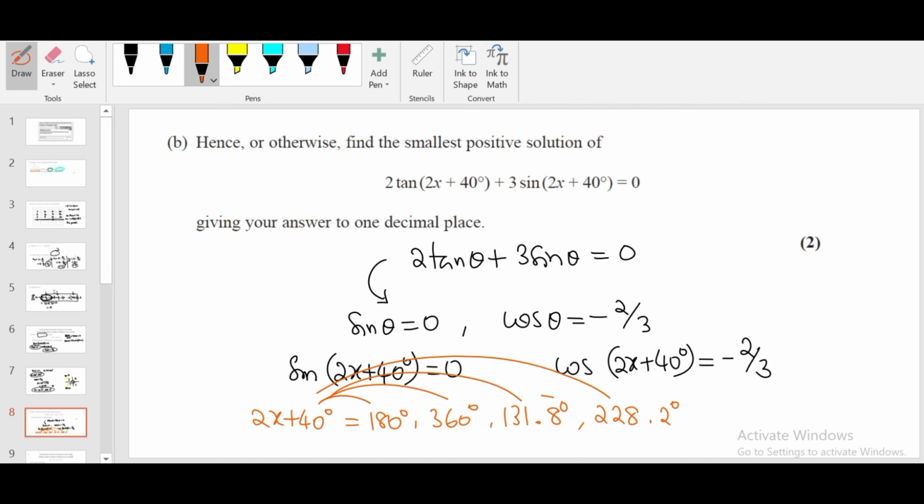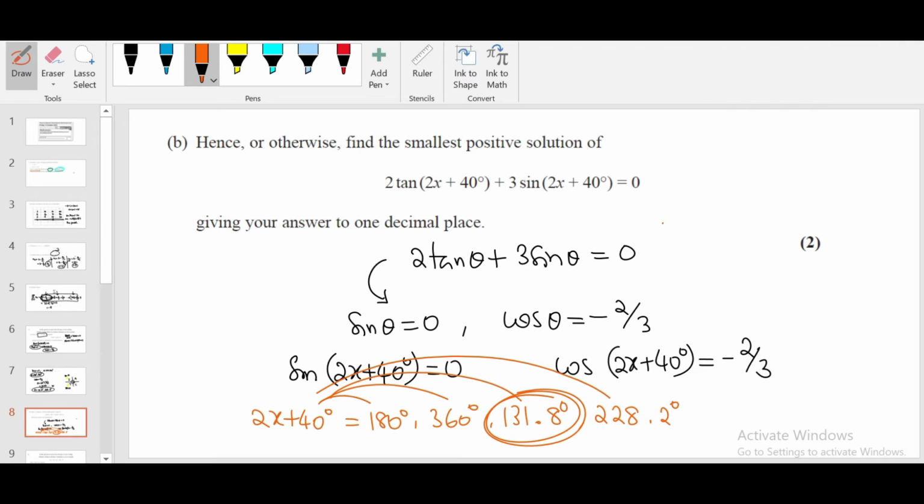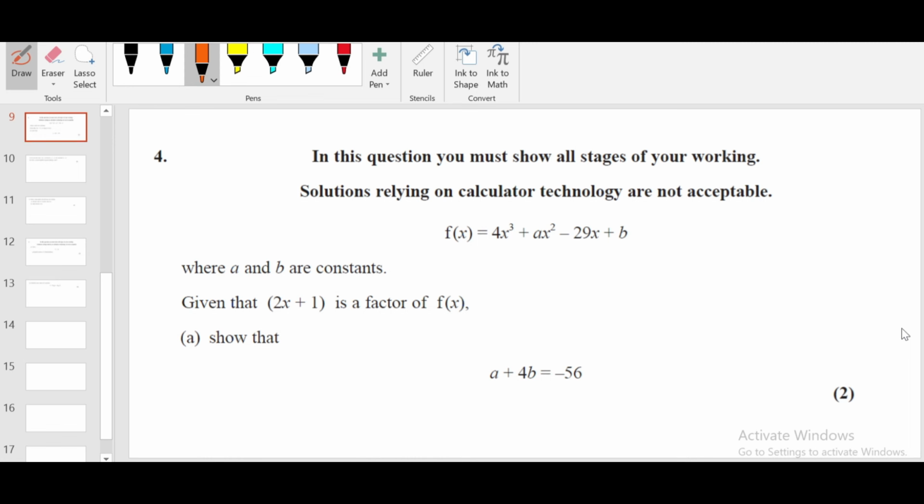So I think this will give you the least possible value, 131.8. So 131.8 minus 40 divided by 2, that's 45.9. That's the solution, 45.9 degree, because they want you to find the smallest positive solution. That's all.